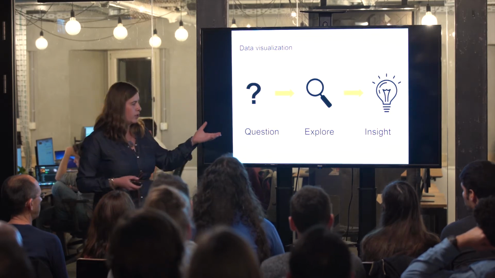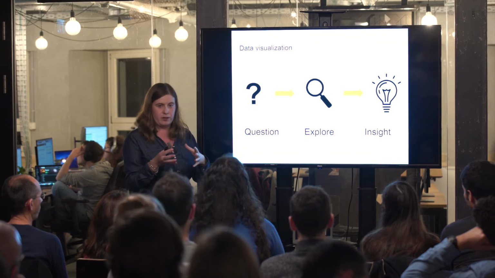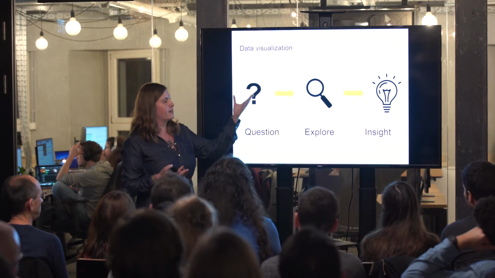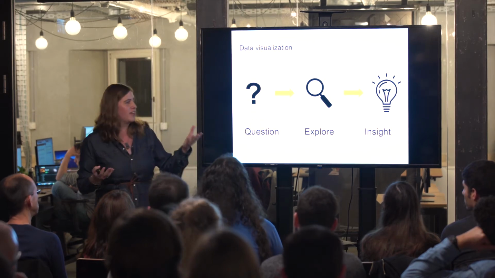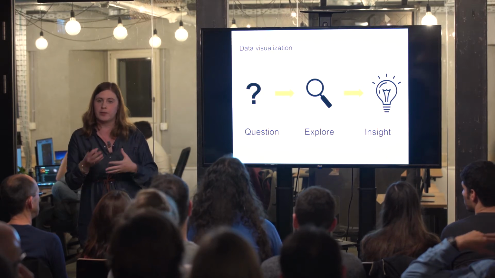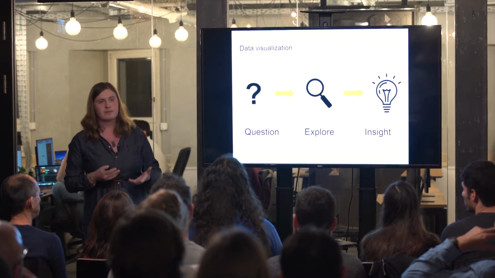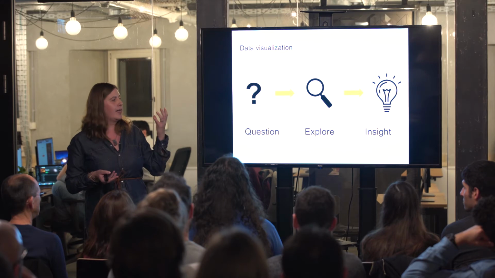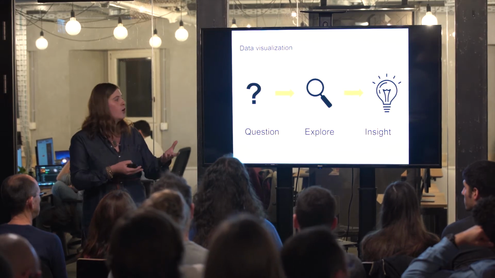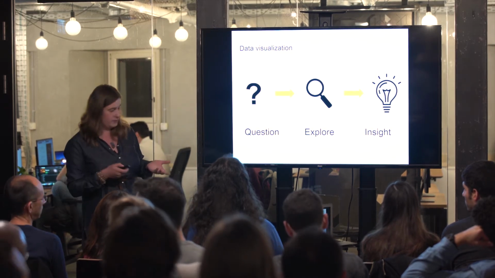So you pose a question for the person, they explore the data, and you help the person or your client to explore the data in such a way that he has an insight, and you hope that the insight is the same as your insight. Here I'm not talking about manipulation of the data. I'm talking about finding the pattern in the data, hopefully a non-random pattern, and emphasizing this pattern to your client. So the client will explore the data and see the same thing that you are seeing.